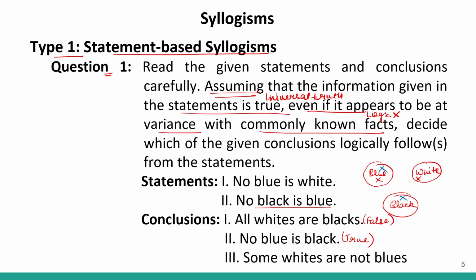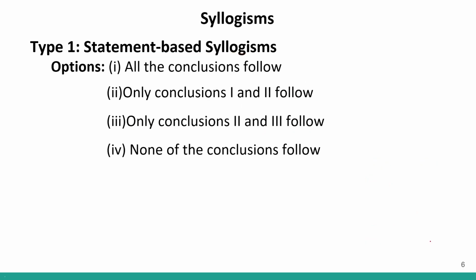The third says some white are not blue. This is correct because they are not overlapping, so this is also true. So basically conclusions 2 and 3 are true. Let us look at the options. Option 3: only conclusions 2 and 3 follow, because conclusion 1 was untrue. So my answer will be option number 3.